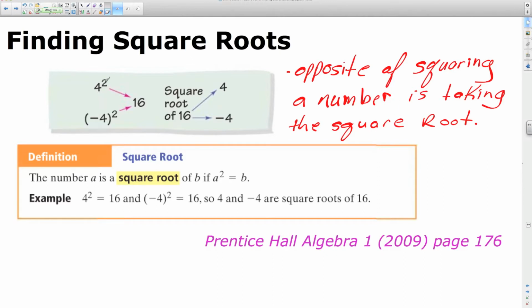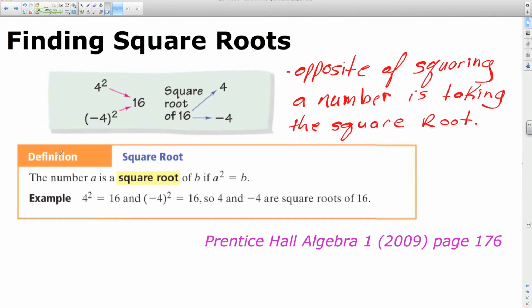So we can see over here, 4 squared is equal to 16, and negative 4 squared is equal to 16. So the square root of 16 is 4, and the square root of 16 is also negative 4. We're going to talk about this having two answers in a little bit.